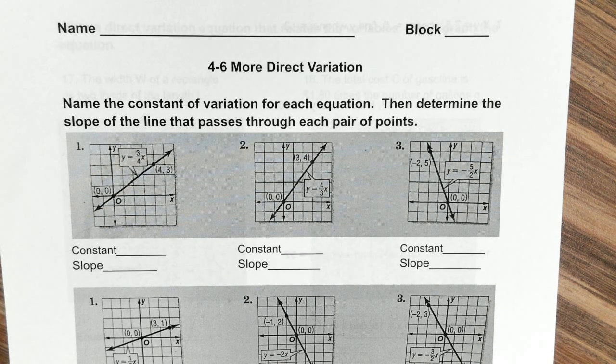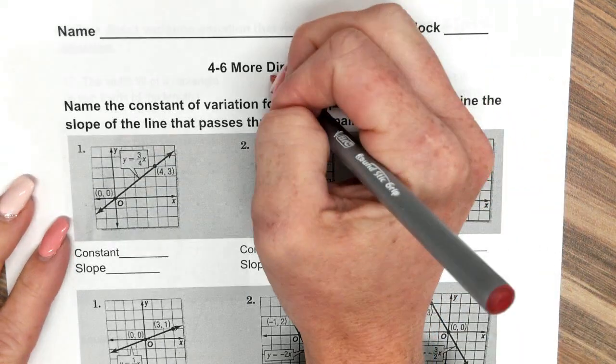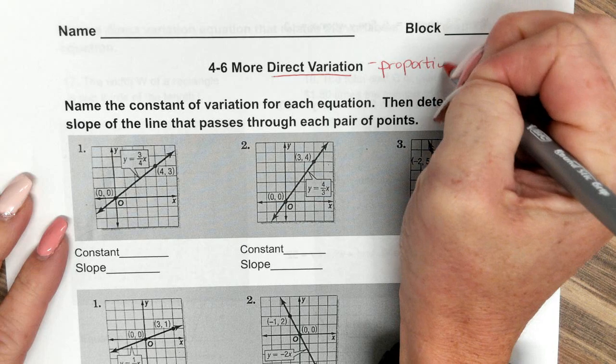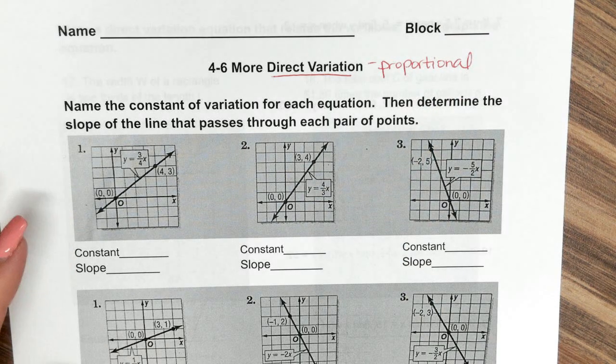So on this assignment, it's just extension from yesterday. Please remember that direct variation really means what? Proportional. To be proportional, it must pass through the origin. That means it's showing direct variation.